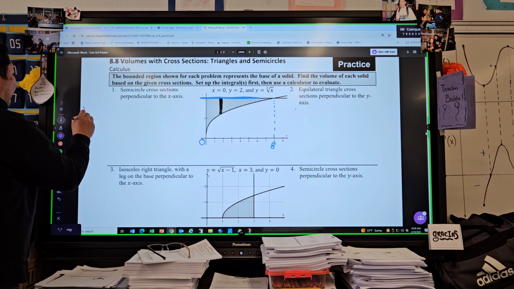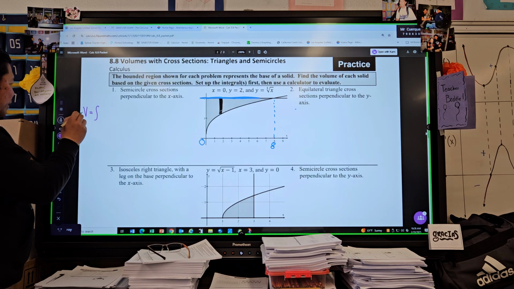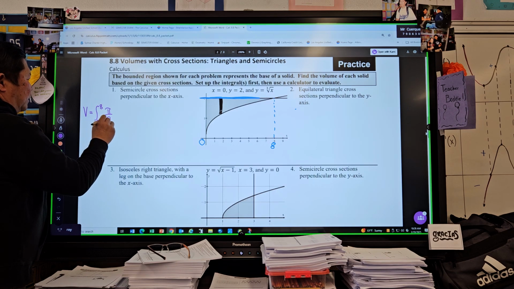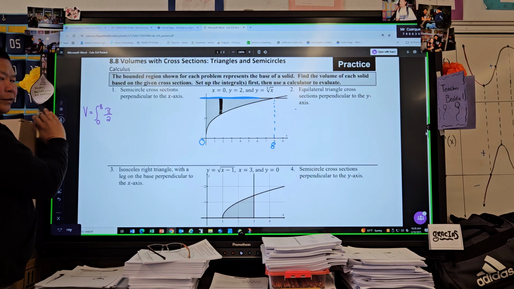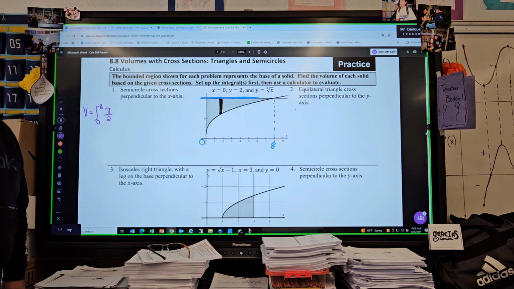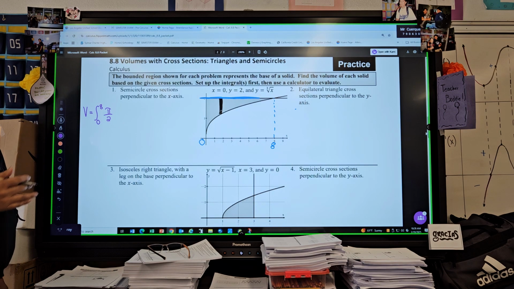Then the volume is equal to the integral from 0 to 8, and then pi over 2. Or you can also write pi over 2 in the front. It's a constant. I'll write pi over 2 at the front if it is a semicircle.